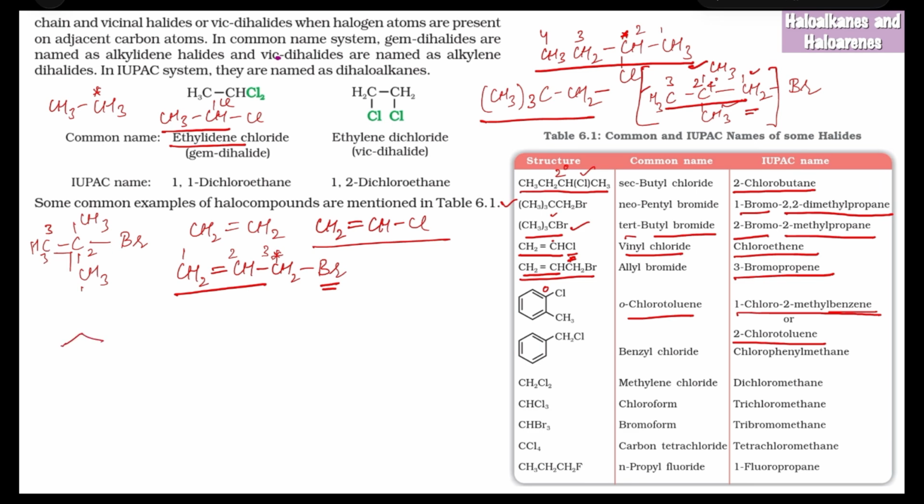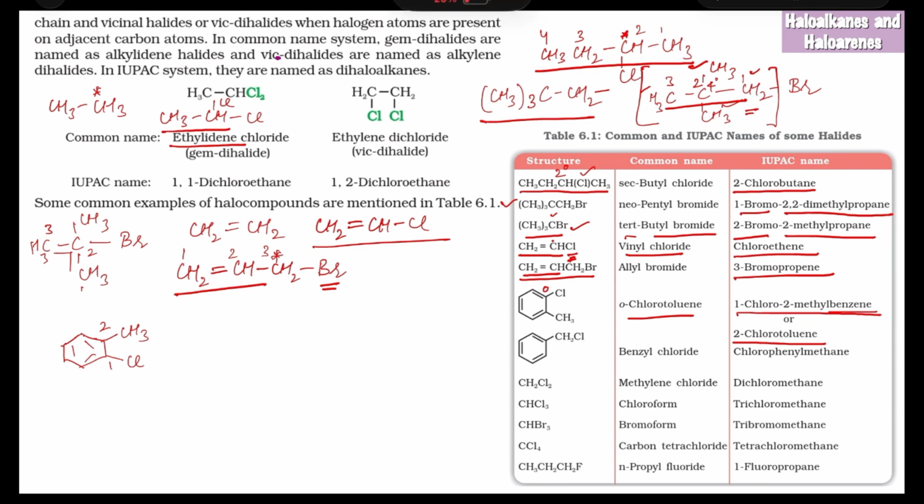So if the parent name is benzene, then methyl group and chlorine both are treated as substituents, and numbering is done so that the one which comes first in the alphabetical order gets the lowest number, like 1, 2. So in alphabetical order, chlorine comes first and then methyl. So chlorine gets the number 1 and methyl gets the number 2, and the name is 1-chloro-2-methylbenzene.